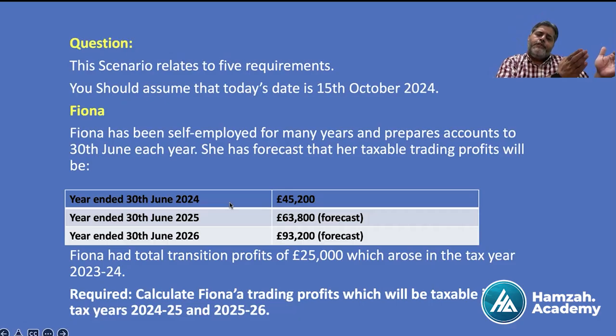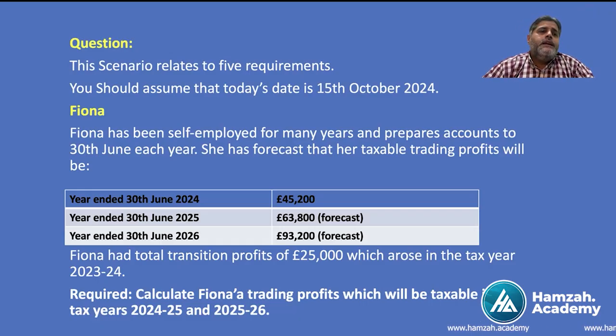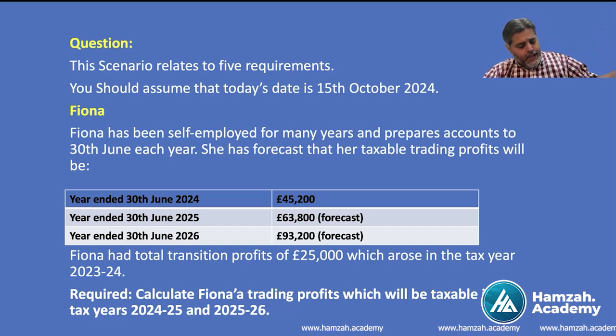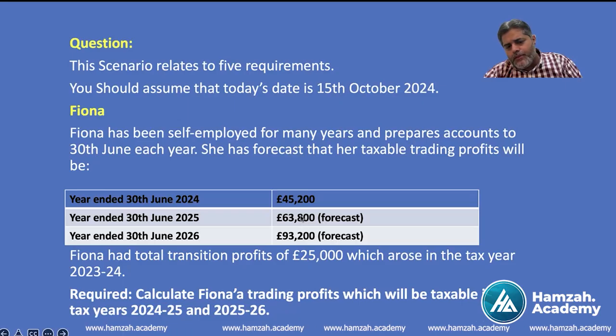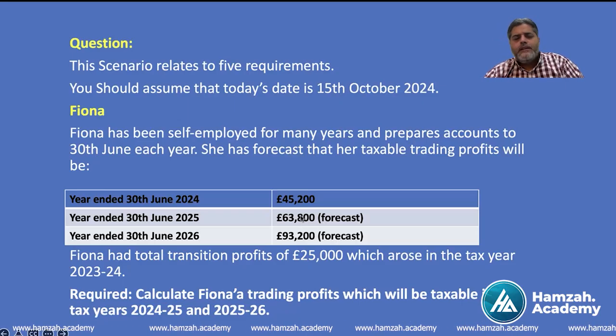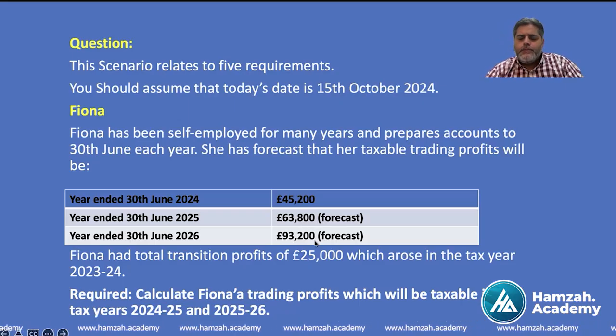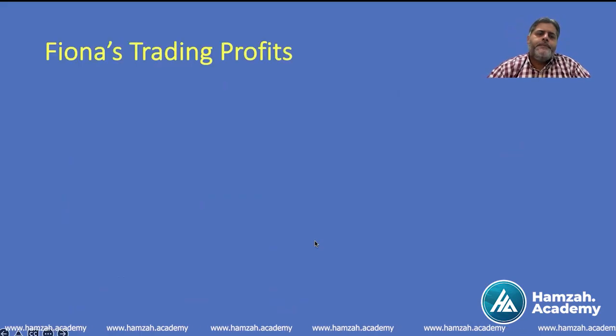The tax year 24 is going to start from the 6th April 24 and end on the 5th April 2025, right? So from April till June, we have this area, and then the 9 months are going to be from here, and then for the next year, 3 months from here and 9 months from here, like this.